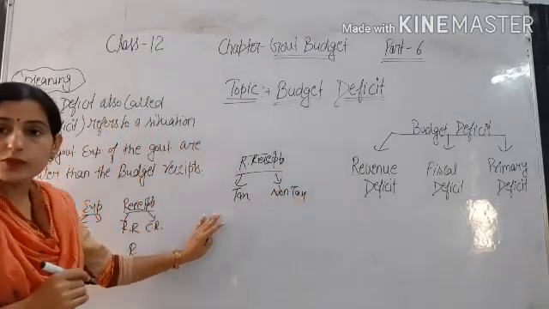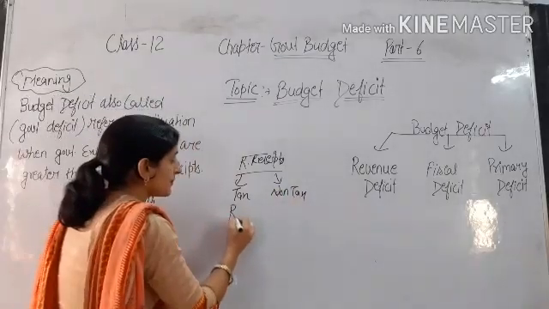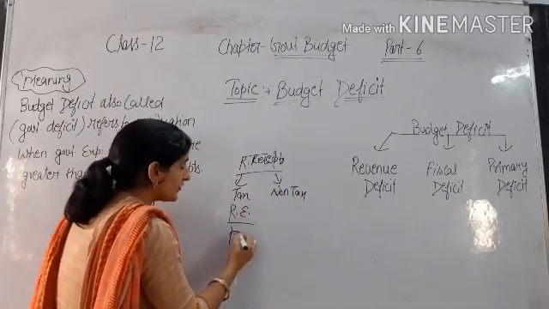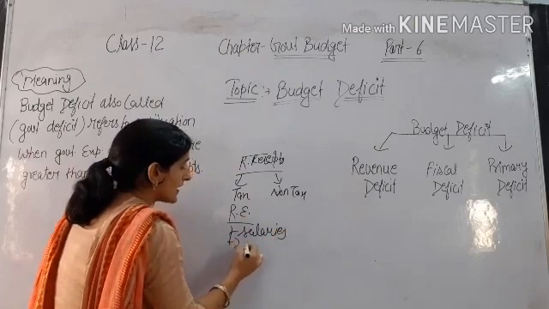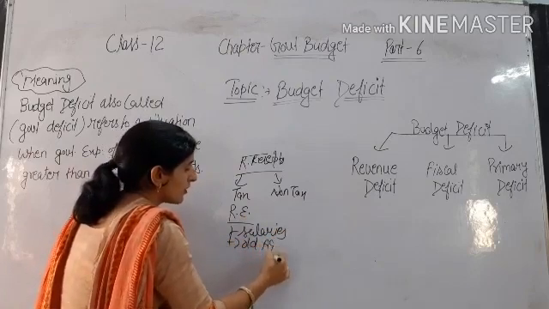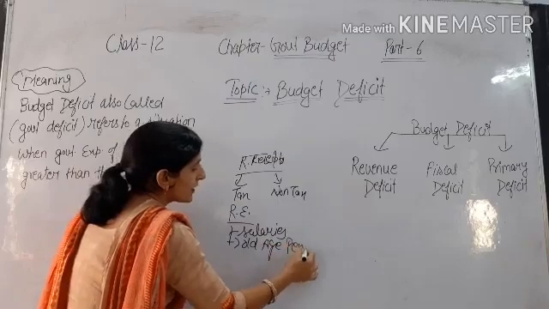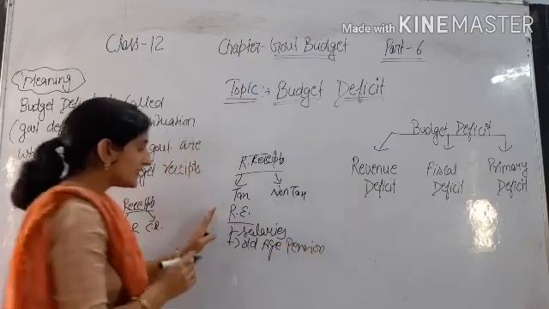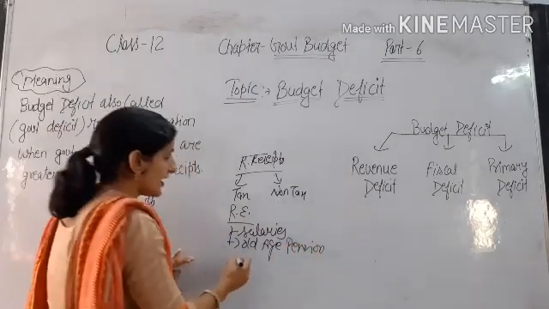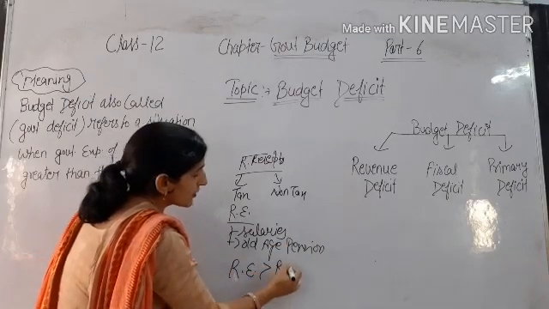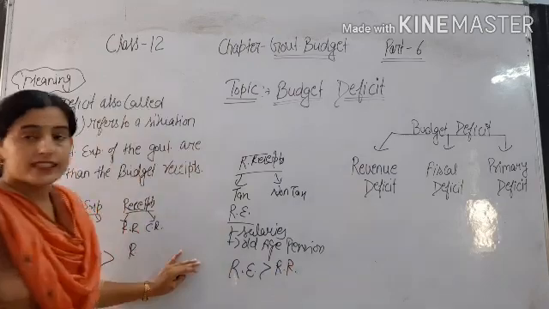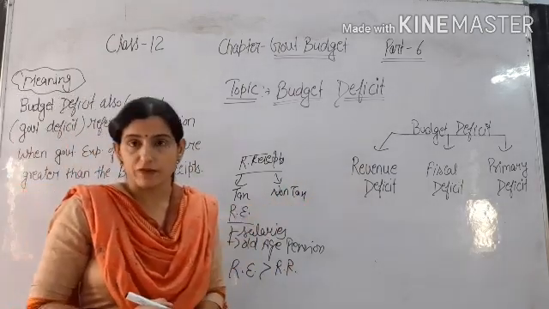Revenue expenditure means expenditure of the government on salaries of the people, old age pension, all these are revenue expenditure. When these revenue expenditure of the government is greater than revenue receipts of the government, then there is revenue deficit.